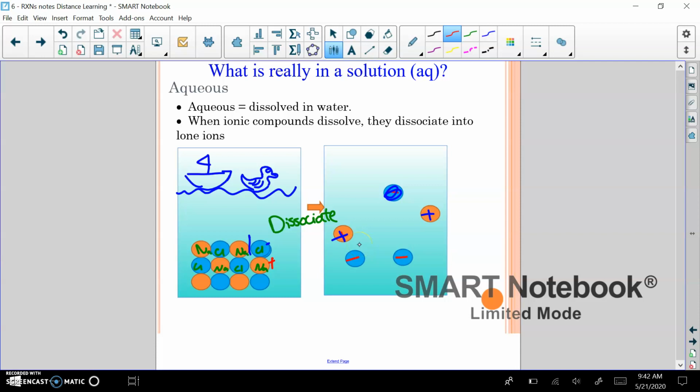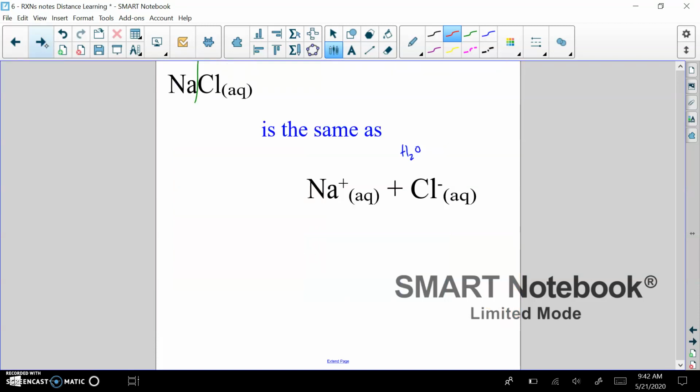So that's what aqueous means. This would be a solid, you add it to water, and it disassociates into an aqueous solution. So NaCl aqueous, AQ, is really the same as Na plus and Cl minus. We just write it like this, but it actually breaks it up.